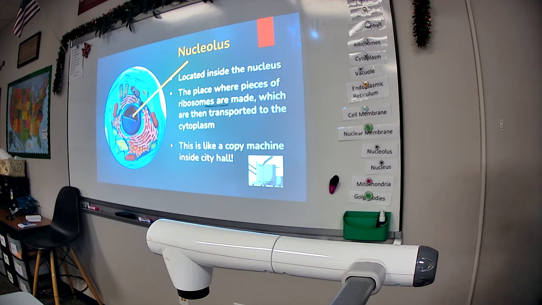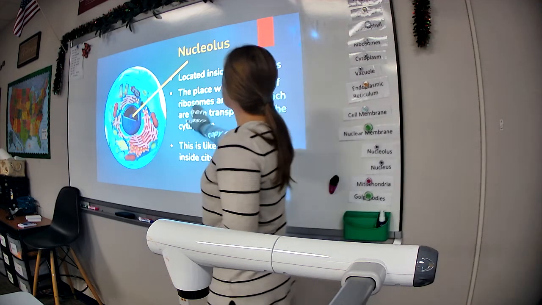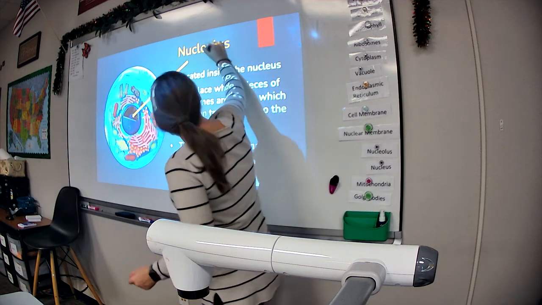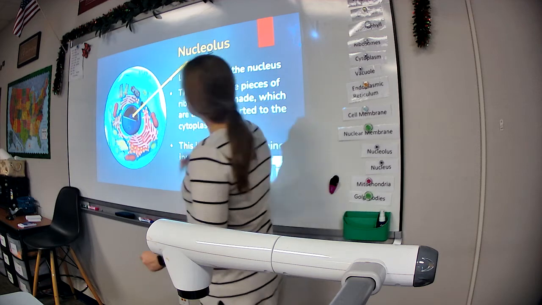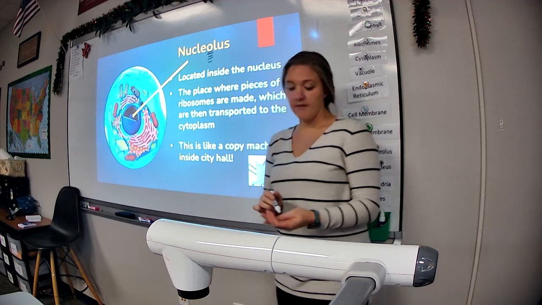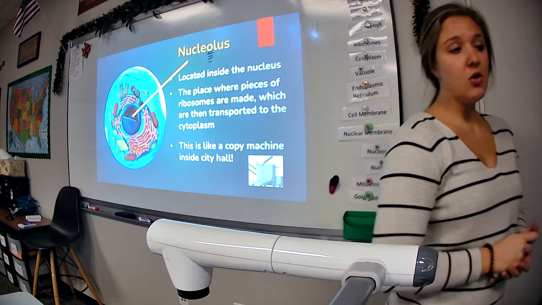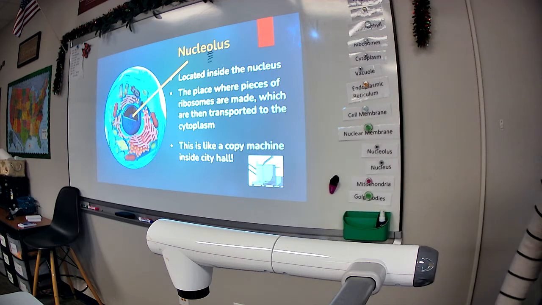Now, you have to be super duper careful with nucleolus. This O right here is super important. If you write nucleus when you mean nucleolus, it is wrong. Those are two different things.